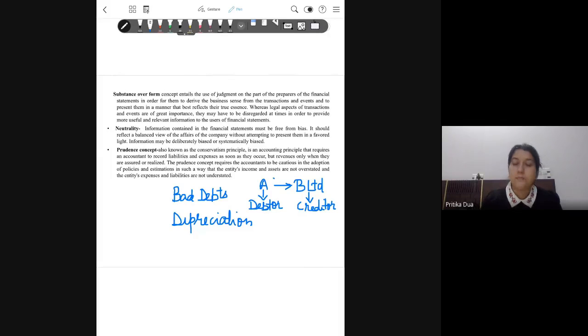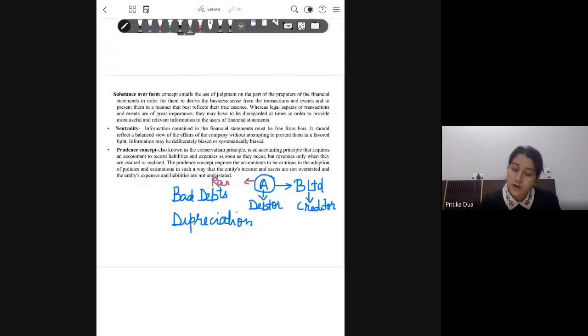Your grocery shop in your business, you are making some sales to Ram. Ram is one of your customers and you are giving him grocery items on credit. Credit means today he took the ration from you, and you give him 15 days to make the payment.